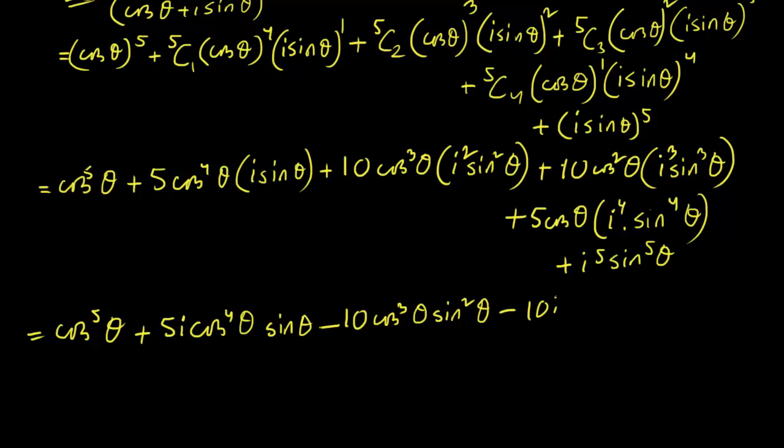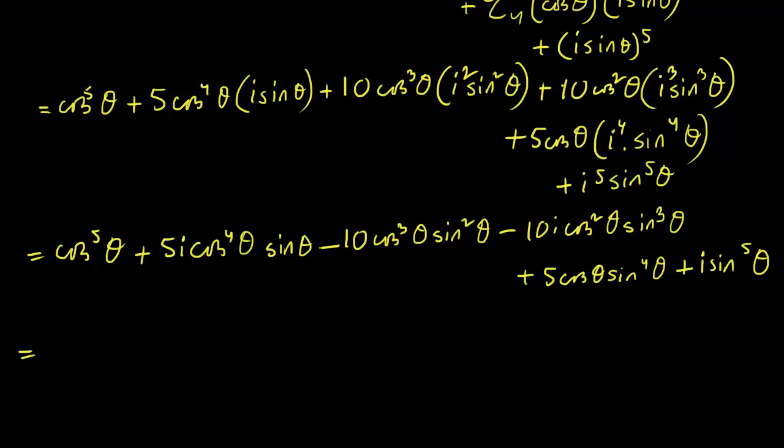So this is going to be minus 10i cos squared θ sin cubed θ plus, now i to the power 4 means i squared whole squared. That means minus 1 whole squared, which is plus 1. So it is going to be 5 into plus 1 is 5 cos θ sin to the power 4 θ. Now i to the power 5 is i times i to the power 4. We just found out i to the power 4 is plus 1. So i times i to the power 4 is plus i, which is i sin to the power 5 θ.